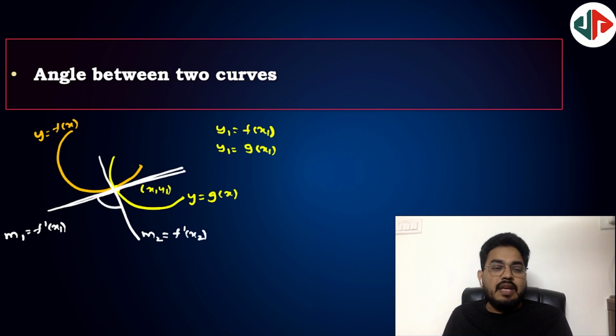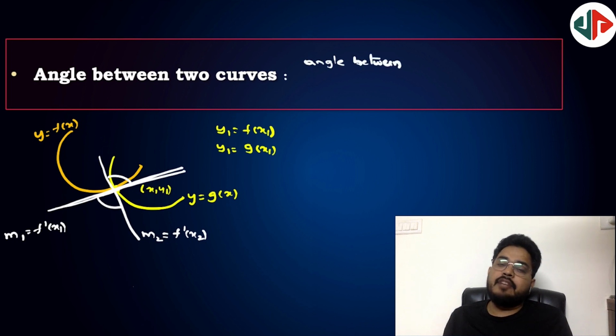So the angle between the tangents is defined as the angle between two curves. It is simply the angle between their tangents at the point of intersection.